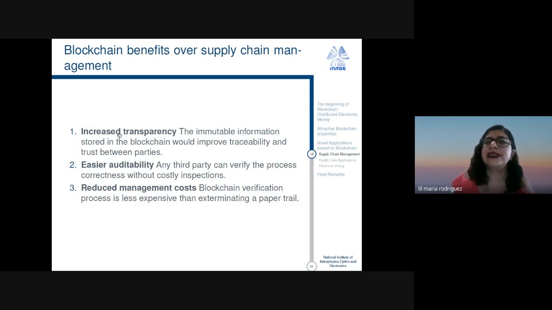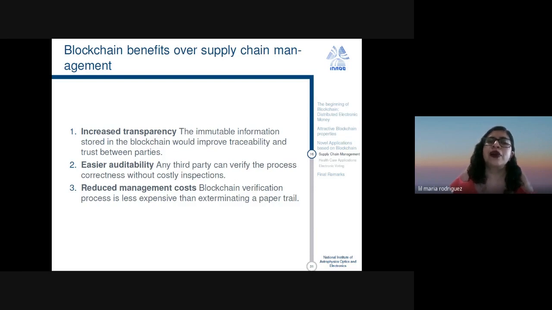Well, one that we will be interested in is increased transparency. The idea is that this immutable information stored in the blockchain will improve the traceability and the trust between the parties.